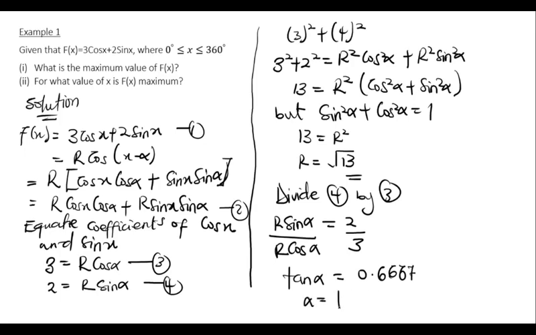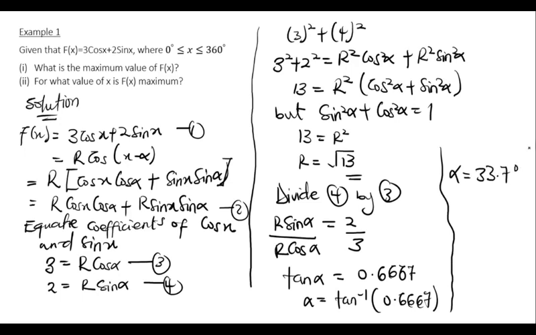So our alpha is now tan inverse of 0.6667. So let me use this space. The value of our alpha is now 33.7 degrees.